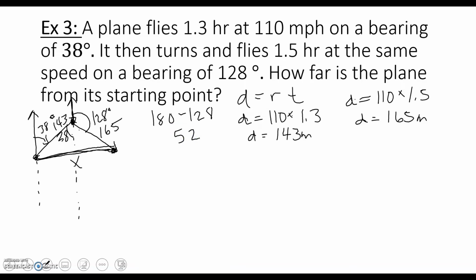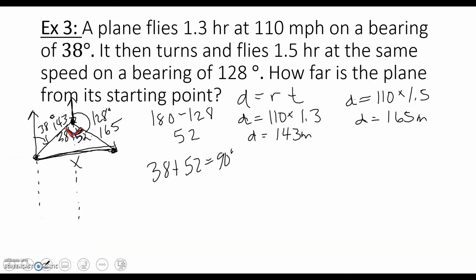That means this angle here is 52 degrees. Now that's important because this whole angle is the 38 plus 52. 38 plus 52 is equal to 90 degrees. So this angle here is actually a right angle. And I'm going to do that in a different color. Let's go red.